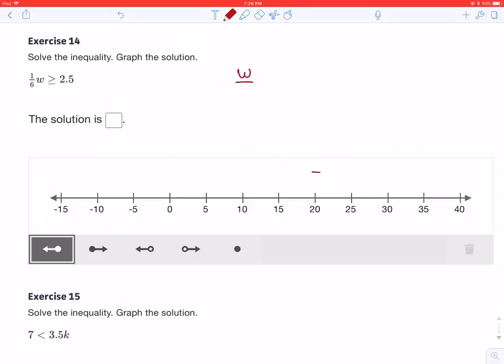We have 1/6 w in this case. So we can either turn that to w over 6, or you can view it as a reciprocal and keep it as a fraction, but either way, you're going to need to multiply by 6 in order to solve it out. And multiplying it by 6 in either section is going to give you just 1w.